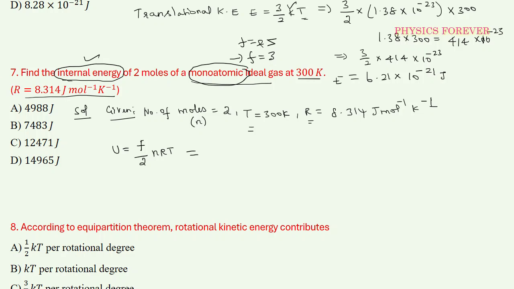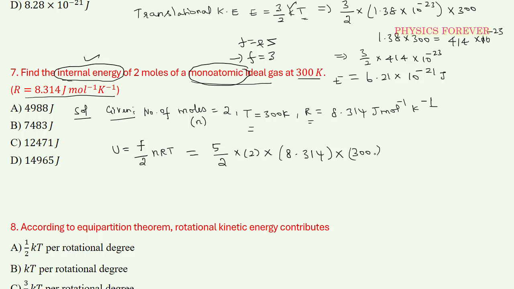Okay, we have to substitute f equal to 5, then 5 by 2, where n is the number of moles, into 2, where R is the universal gas constant, 8.314, into temperature T, that should be 300.